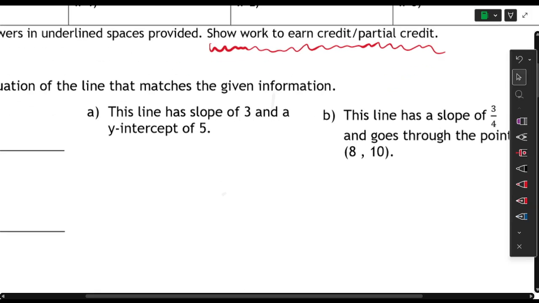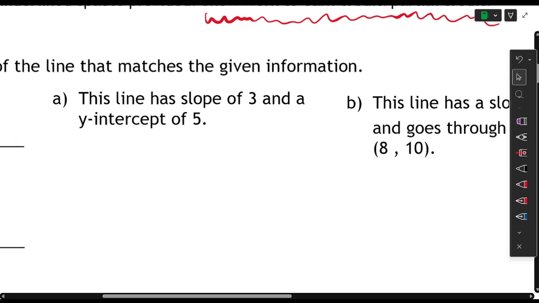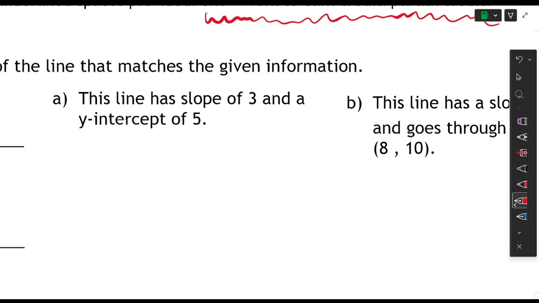The first question is very straightforward, I think, and it just requires us to remember that we can write a line in the form y equals mx plus b. Any line, with the exception of vertical lines, we can write in this format. m, you remember, is our slope parameter, and b is our y-intercept parameter.